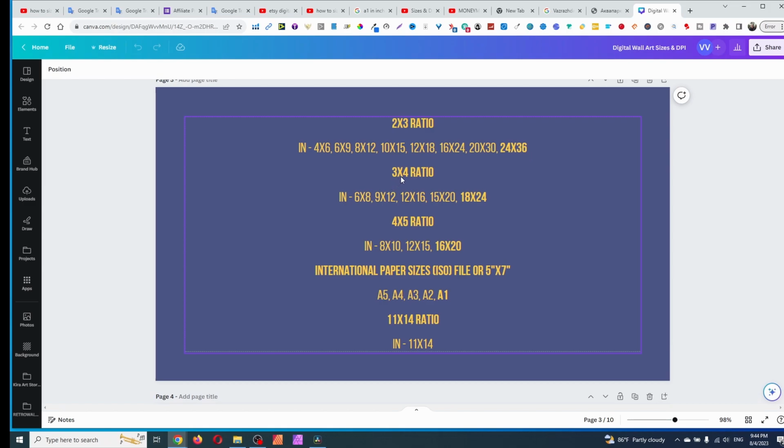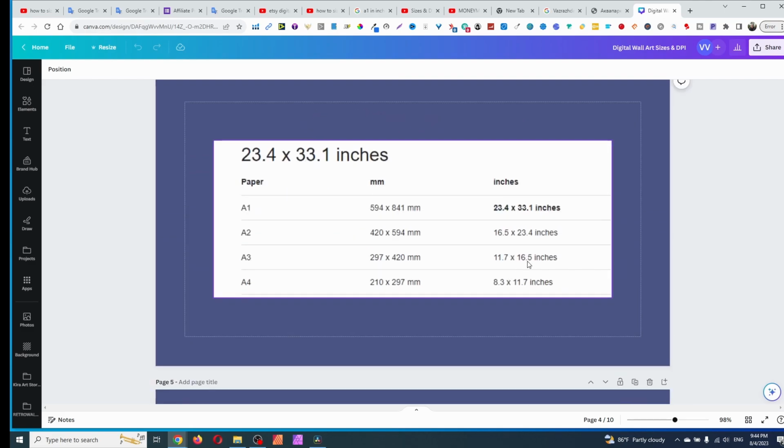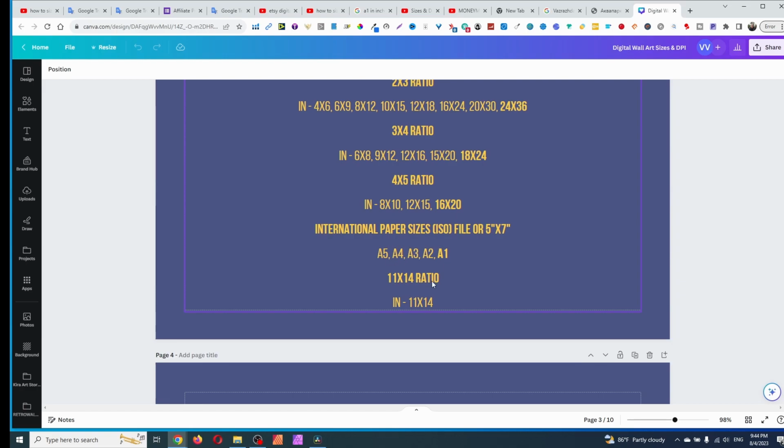For the 3x4 ratio, we're going to use 18x24 inches. For the 4x5 ratio, we're going to use 16x20 inches. For international paper size, we're going to use, as we can see here, the A1 size. And for the 11x14 ratio, we're going to use 11x14 inches.